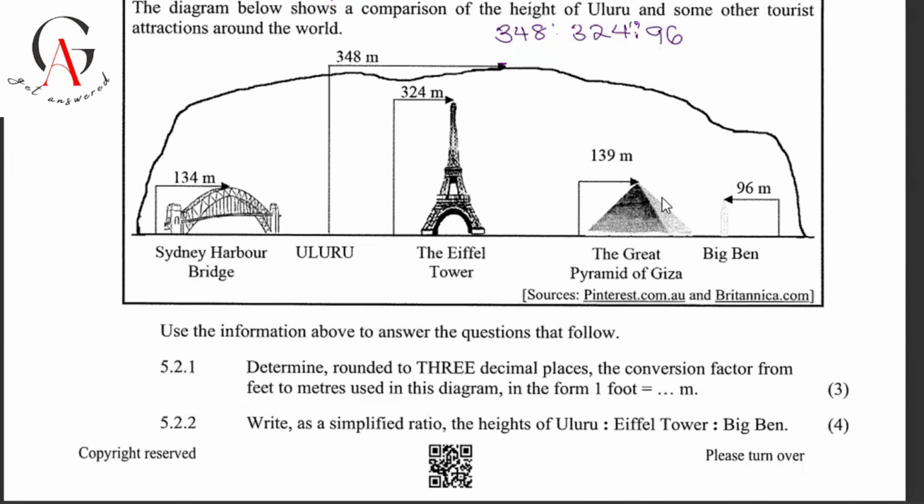When I compare the smallest value and this one here, I get 29, and here I get 8. So I need again to compare 32 divided by 96. I get 8 and 27, so this is it. So this is the simplified ratio. 29 is to 27 is to 8.